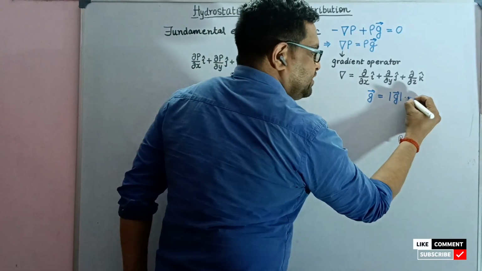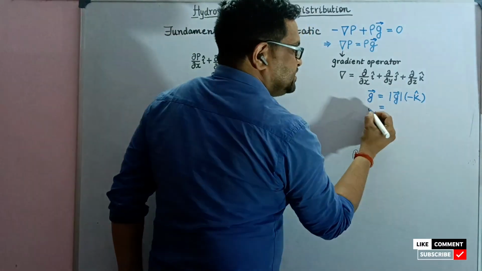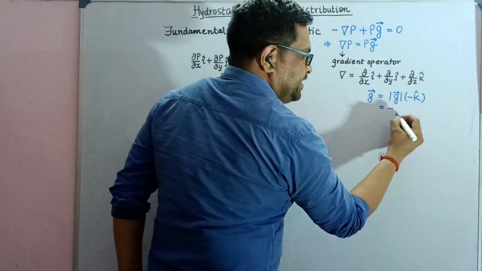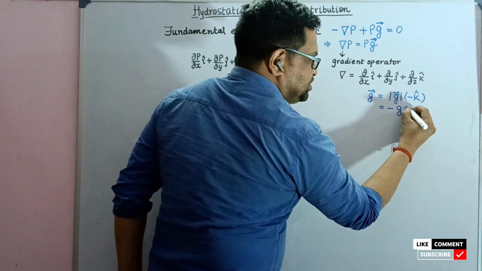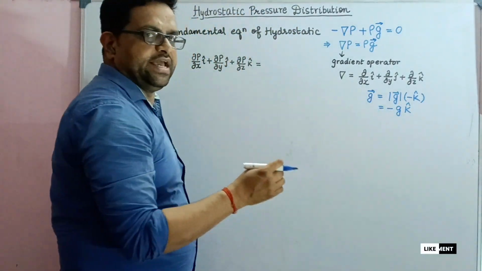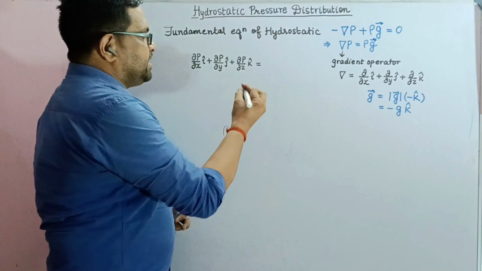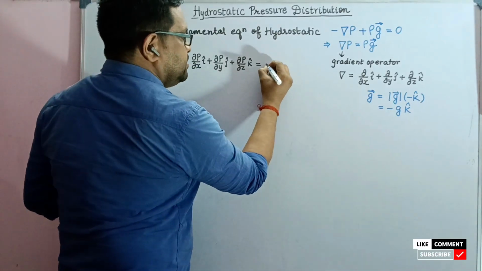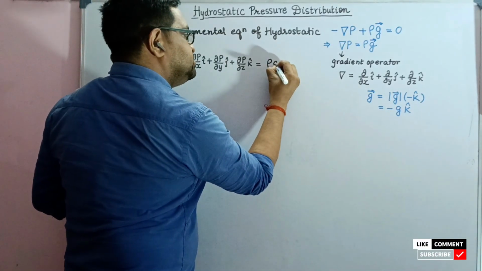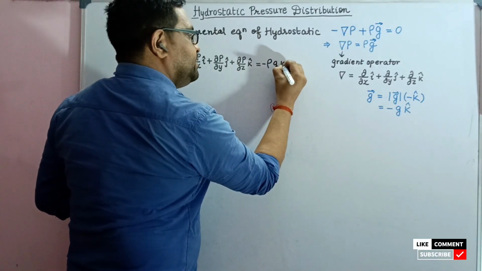So here we will write negative of k cap. So instead of the g vector, we can now write minus g k cap, where g represents the magnitude of the acceleration due to gravity. So now we can write rho g, taking the negative sign here, for k cap.